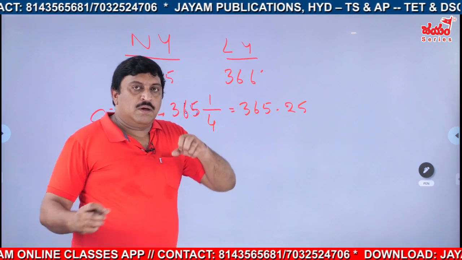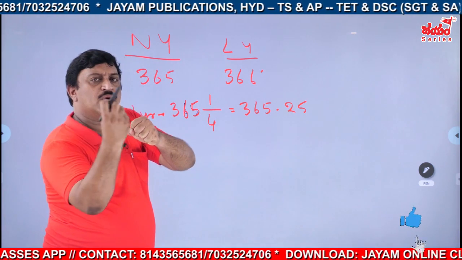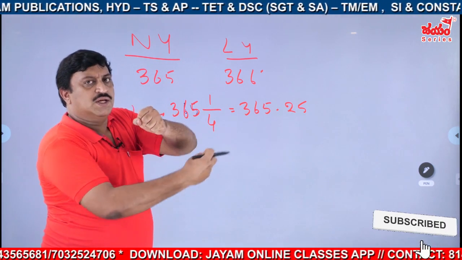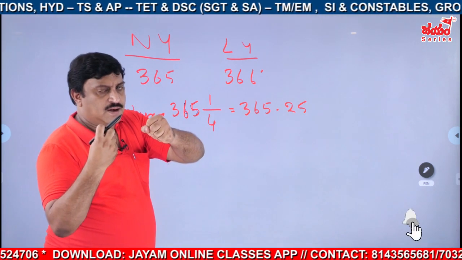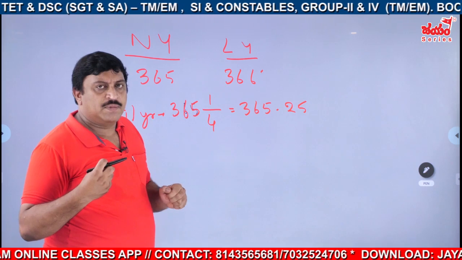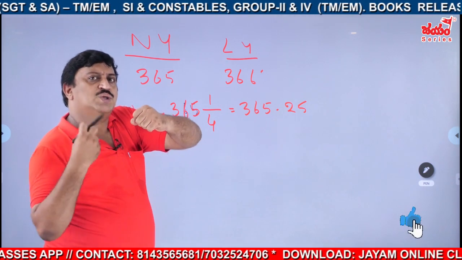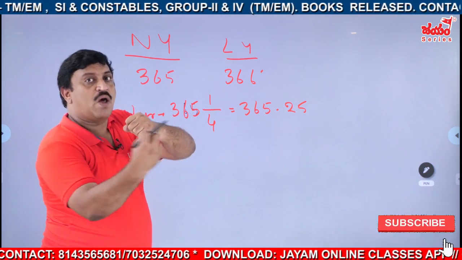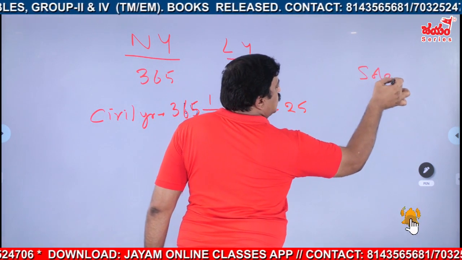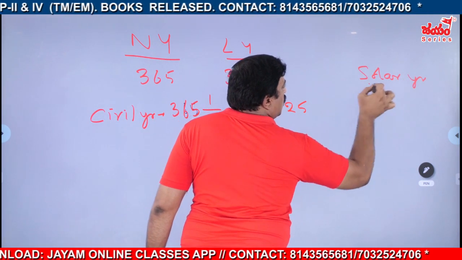But actually, if your Earth is revolving around the Sun, what is the exact time? If I take that exact time, that is called the solar year. We'll call it the solar or tropical year.